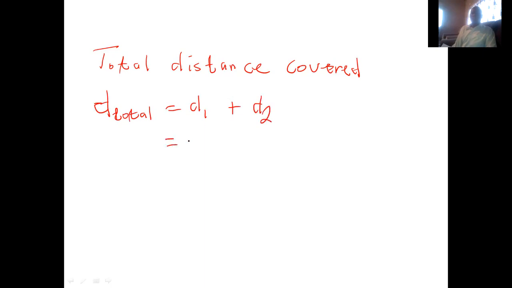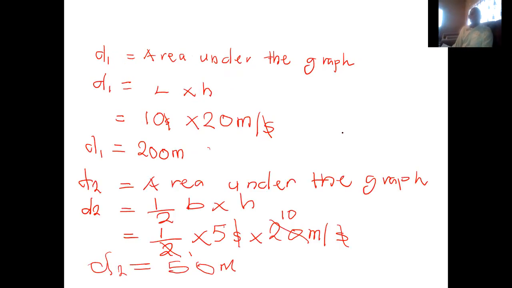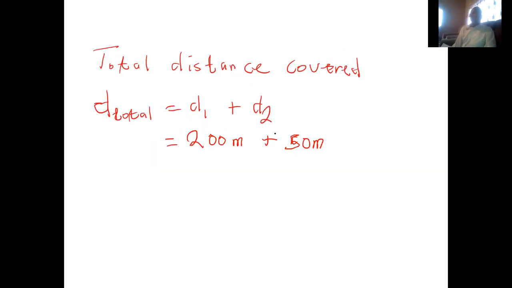This gives us 200 meters plus 50 meters. When we calculated, we found distance 1 was 200 meters and distance 2 was 50 meters. This gives us 250 meters as the total distance covered by the car.